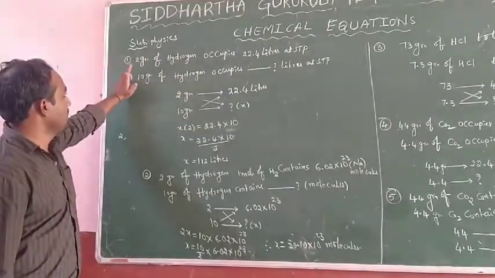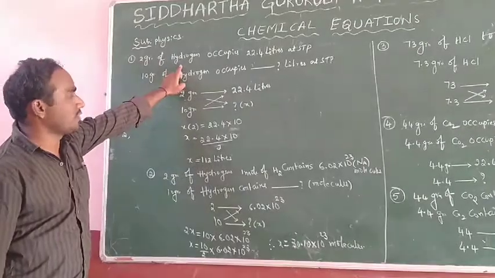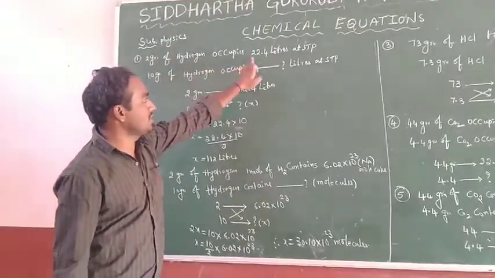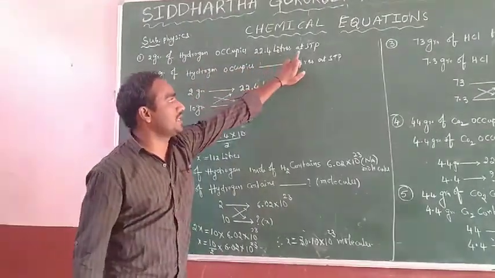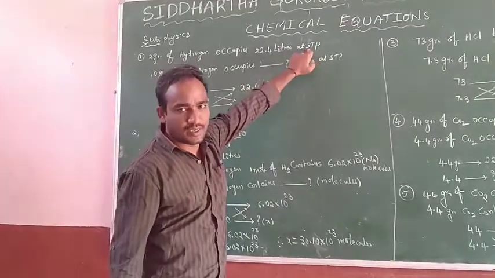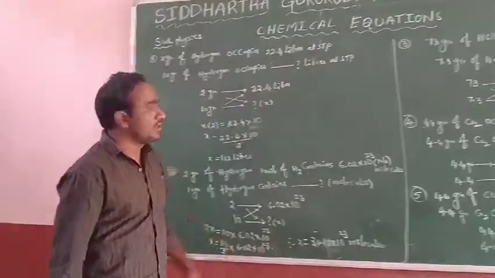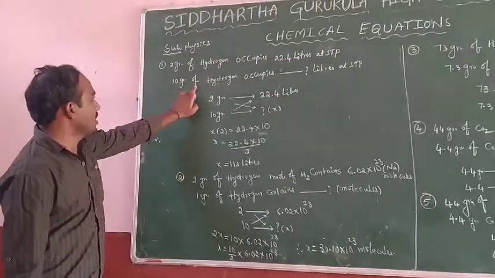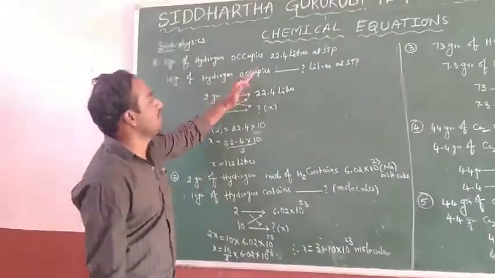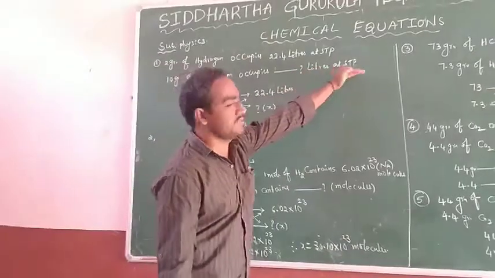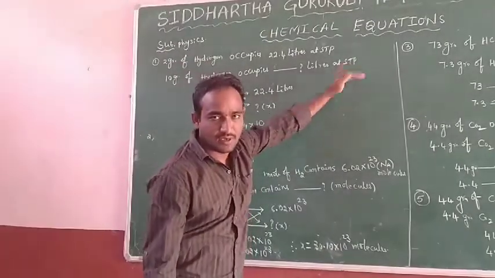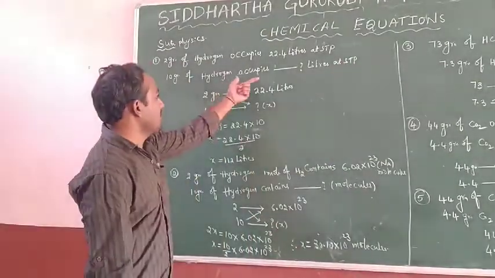Here, first problem: 2 grams of hydrogen occupies 22.4 liters at STP, standard temperature and pressure. And 10 grams of hydrogen occupies how many liters at STP? So what we'll do?